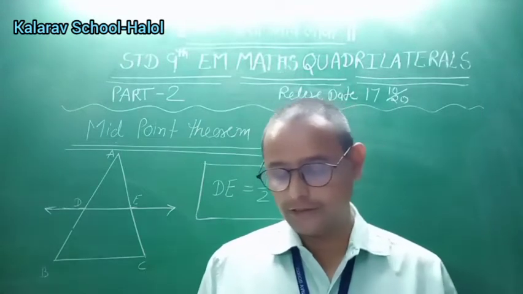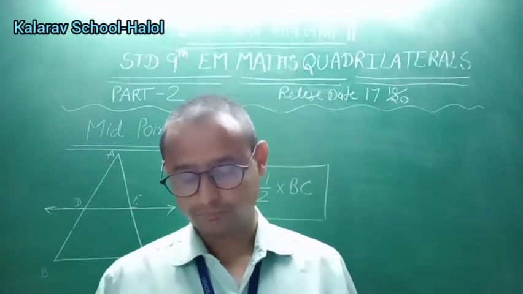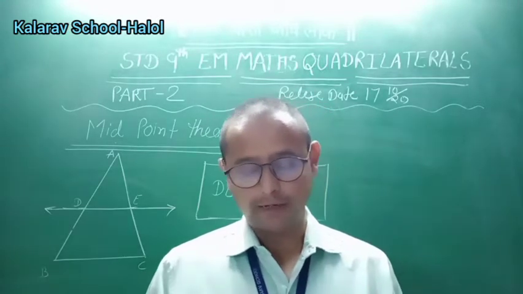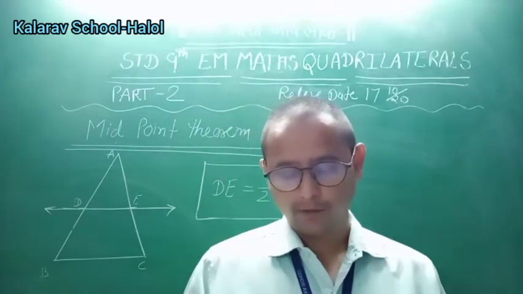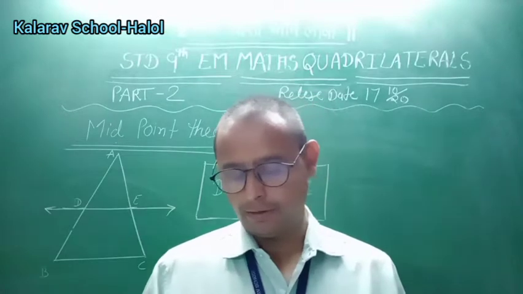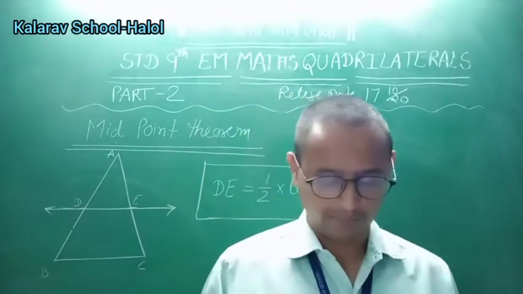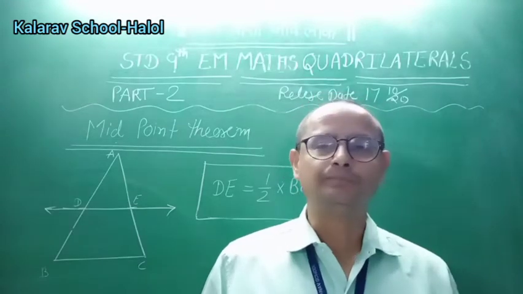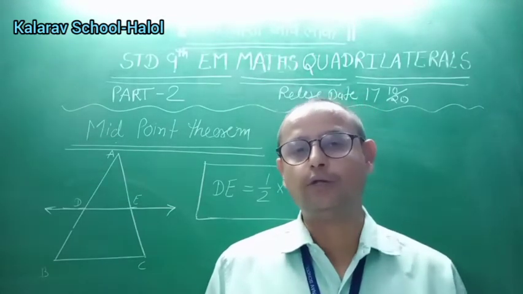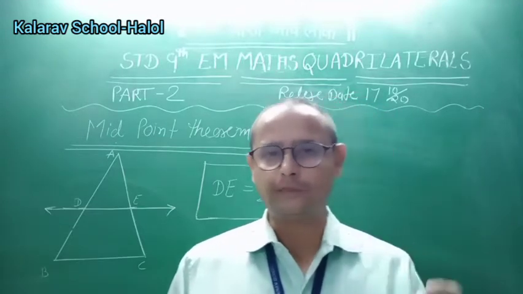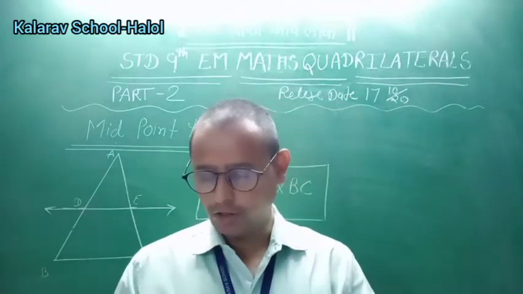A trapezium is not a parallelogram. Why? Because only one pair of opposite sides is parallel. So in a trapezium we require both pairs to be parallel to make it a parallelogram. Is it clear? This much we studied. I explained this with my figure, and now I am saying it orally, just so that it is recalled.